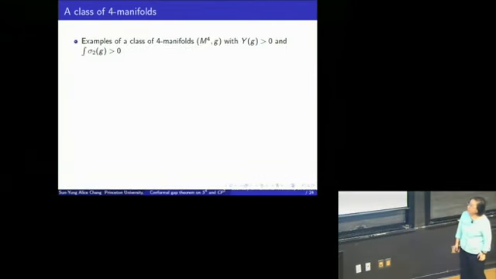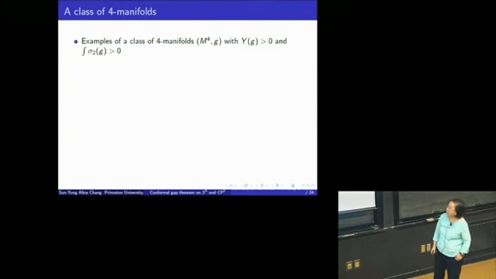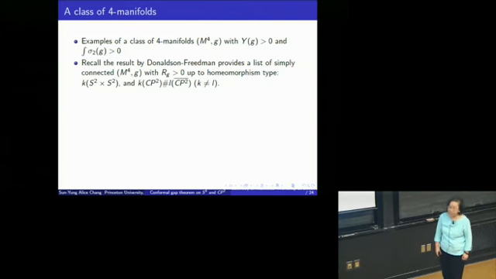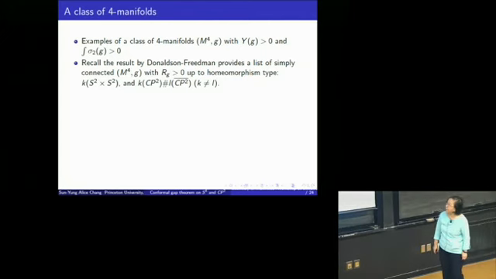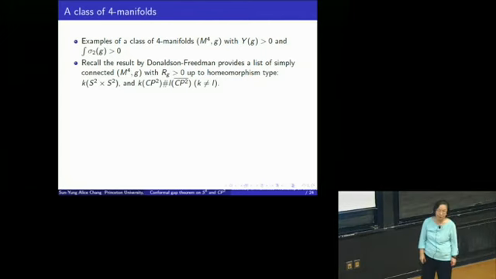So now let me briefly mention a class of manifolds which satisfy these two conditions. And of course, there is the fundamental work of Donaldson and Freedman, which provides a list of simply connected 4-manifolds under the condition that scalar curvature is positive.